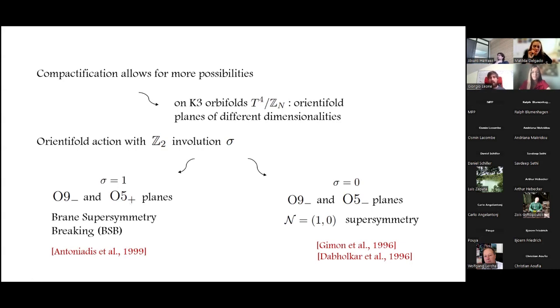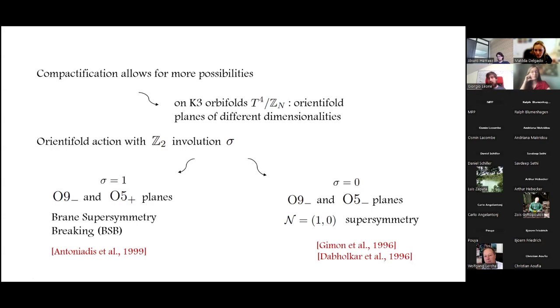Also, let me notice that if the involution acts trivially on the twisted two-cycles, then we are identifying Orientifold planes with negative tension and charge for both types, which requires the presence of D9 and D5 branes, which realizes the minimal amount of supersymmetry in 6 dimensions. And this construction corresponds to the usual one known in the literature by Gimon and Polchinski and Dabholkar-Park and so on.